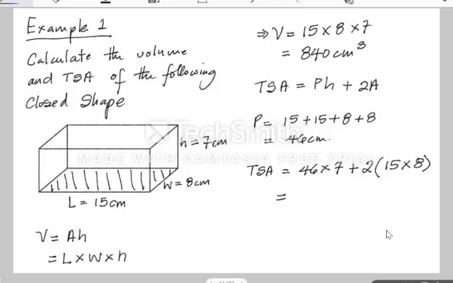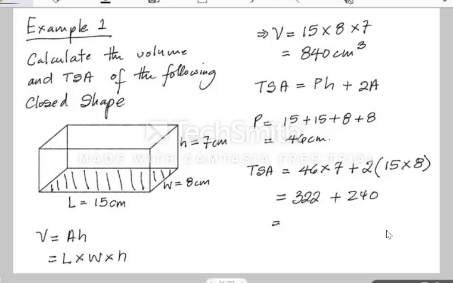So let's work this out. 46 times 7 is equal to 322, plus 2 times 15 times 8, which is 240.